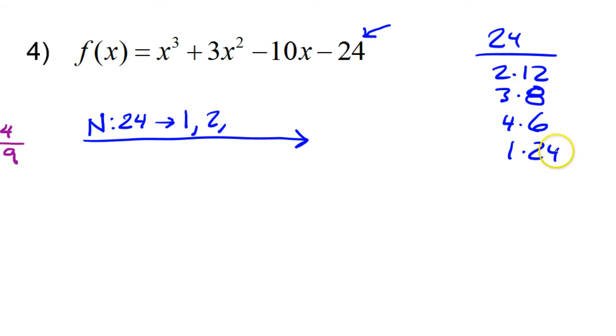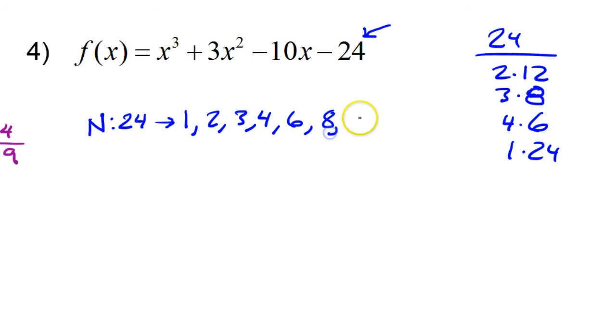So every number on this list is going to be a factor of 24. I've got 1, 2, 3, 4, 6, 8, 12, and 24. All right, 24 has a lot of factors.